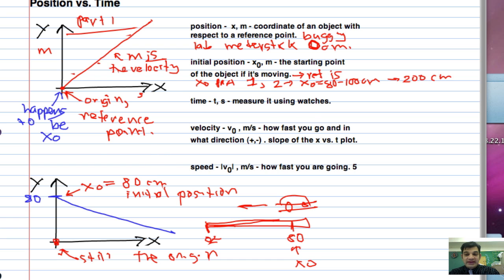So slope m is the speed. When you calculate that number, the slope, v naught, this is the new idea. It is the slope of the x versus t plot, which is just what we wrote here. If you have a positive slope, you have a positive velocity.